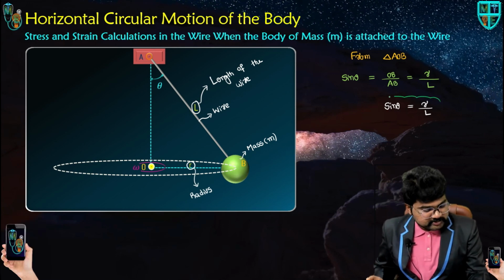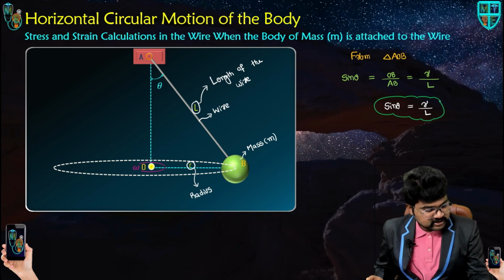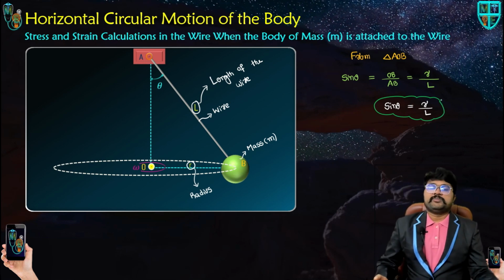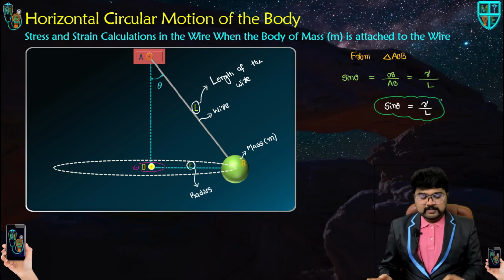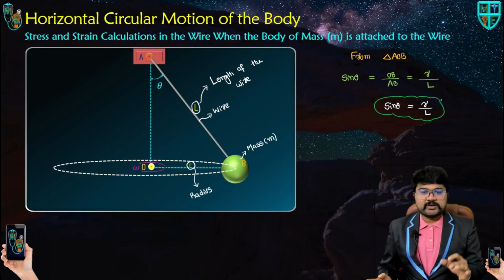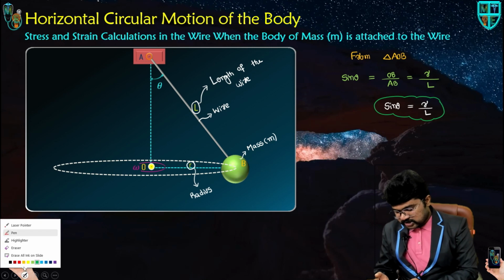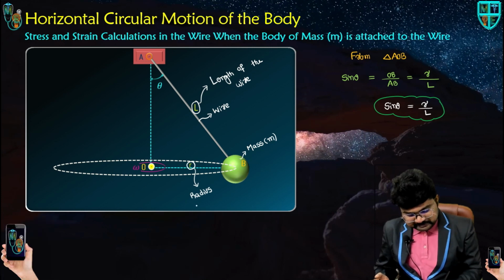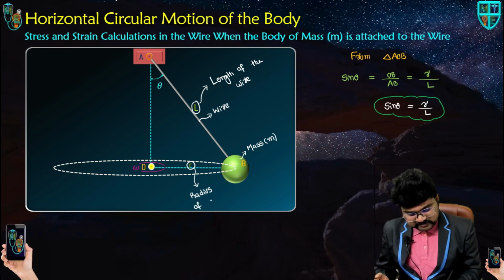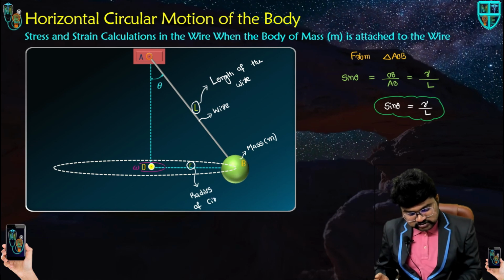Understood? So you will be using this result while applying equilibrium equations. Mass of the body M, length of the wire L, and R is the radius of circular motion.